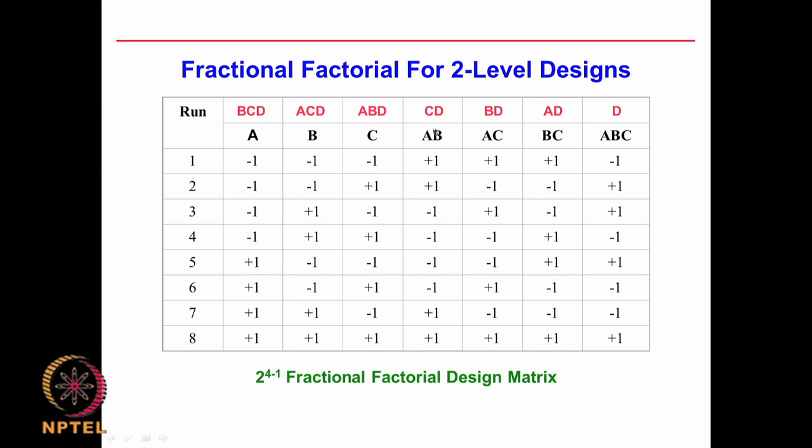interactions are confounded. AB interaction is confounded with CD, AC interaction is confounded with BD, BC interaction is confounded with AD. That means, I will not be able to differentiate whether if some change is there, is it because of AD or BC, whether it is because of AC or BD, because of AB or CD. Same thing for the main effects also, they are confounded with 3 factor interaction, and that is not a big problem, because generally we do not observe any 3 factor interaction.